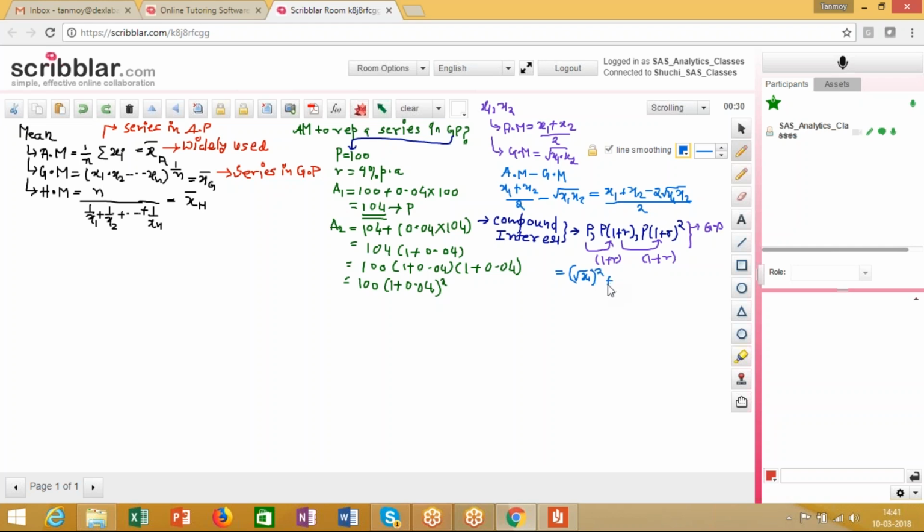Similarly, x2 can also be written as root x2 square, minus 2 into root x1 into root x2, whole divided by 2.